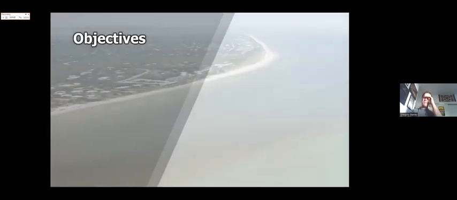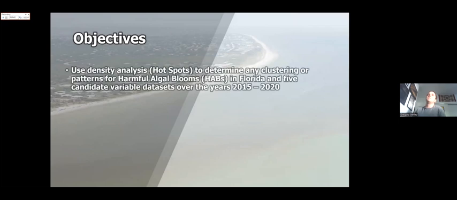The objectives of this project: first, use density analysis, specifically hotspots, to determine any clustering or patterns for the harmful algal blooms, as well as 5 other data sets that will be used as candidate variables to help explain the occurrence or relationship to the harmful algal blooms.